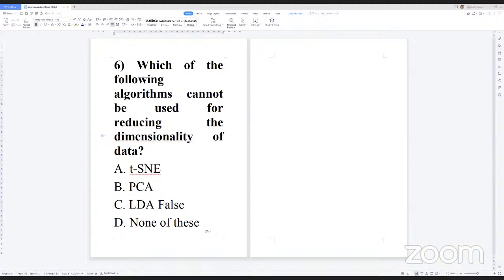I have more questions to do. Okay. So D is our answer. None of these. All can be used for reducing the dimensionality. Now we'll go for the seventh question.